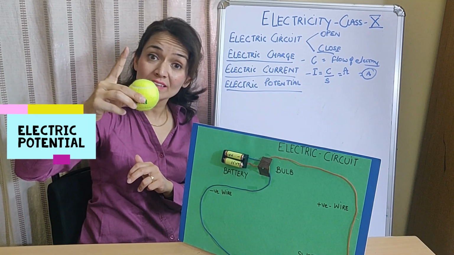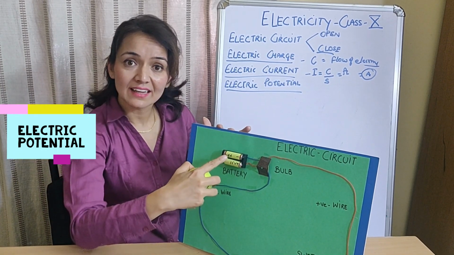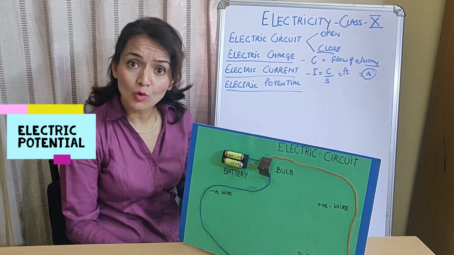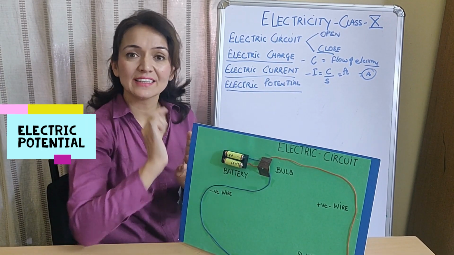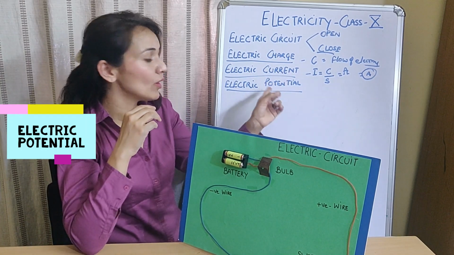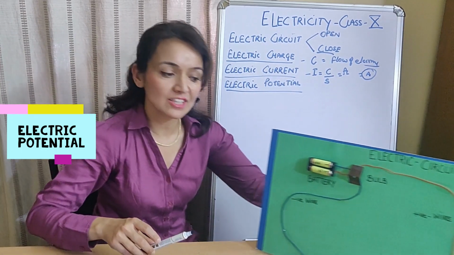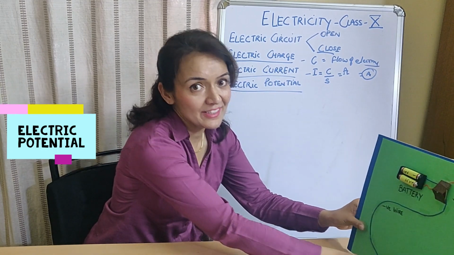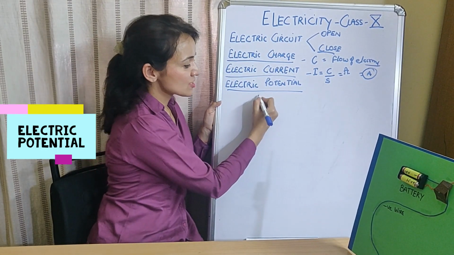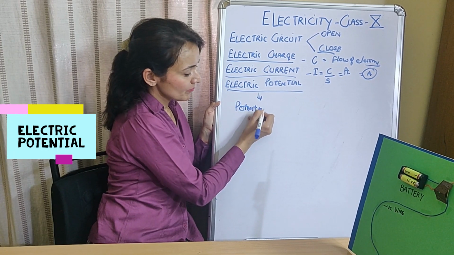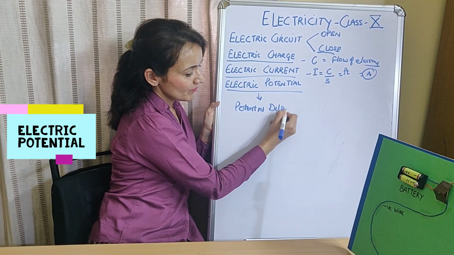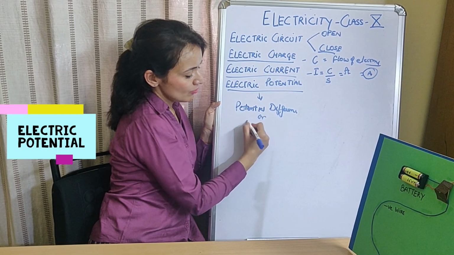So that work done by the cell to move the electrons from one point to another is called electric potential. Very interesting. It has two more names, potential difference or voltage.